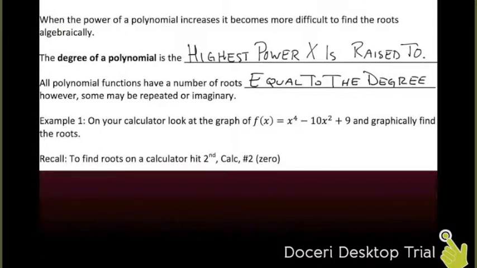So a quadratic function has the highest exponent of 2, so it will always have 2 roots. Sometimes they're imaginary, sometimes they're equal roots, but there's always going to be 2 of them.